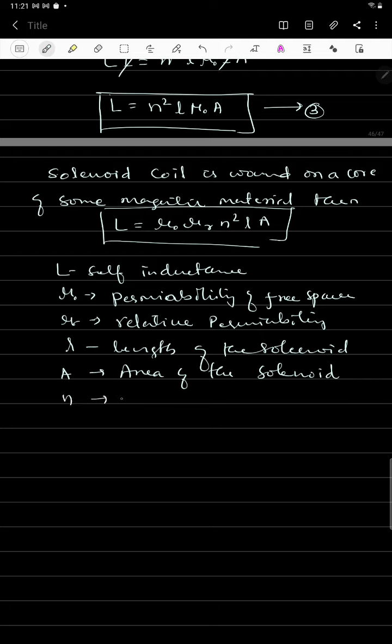And n is the number of turns per unit length.